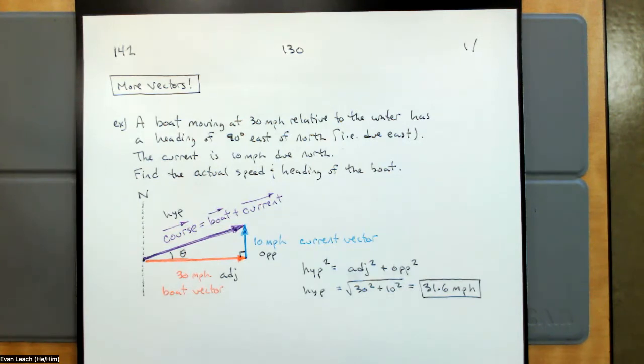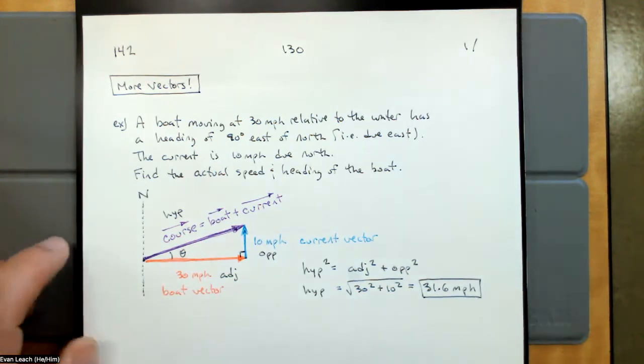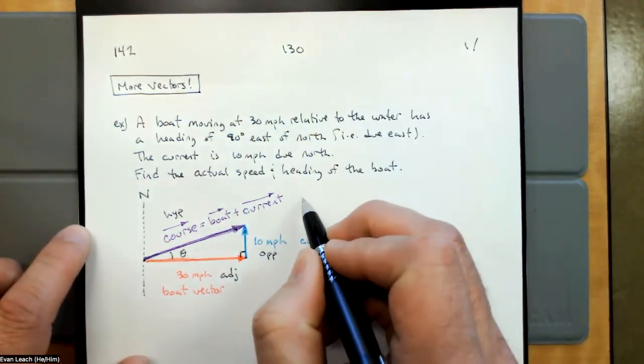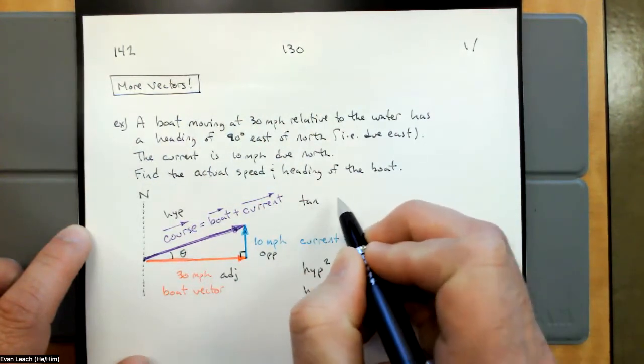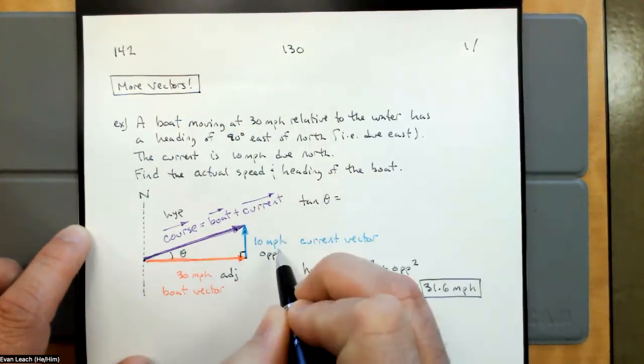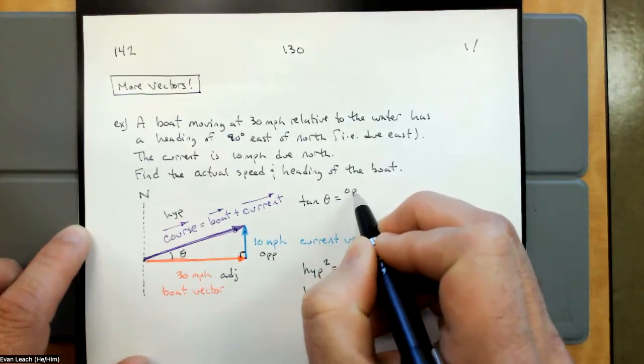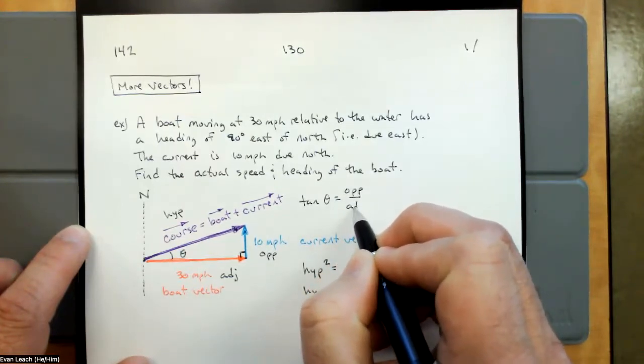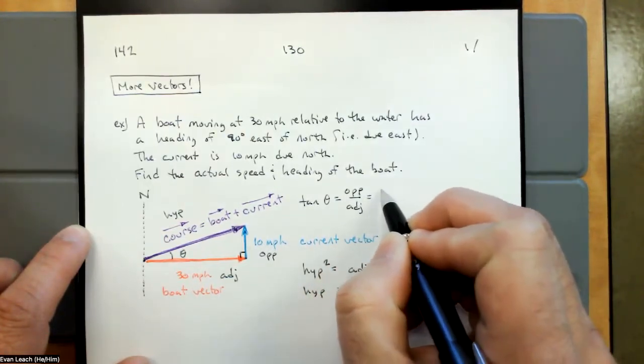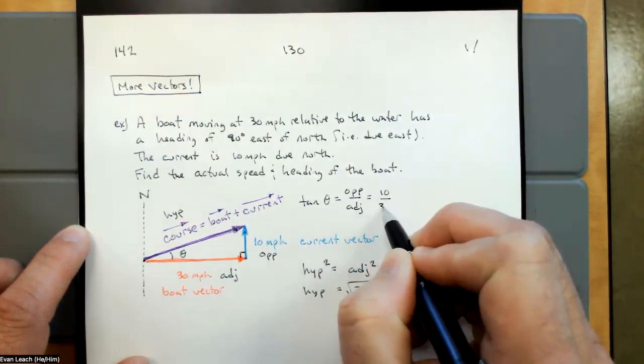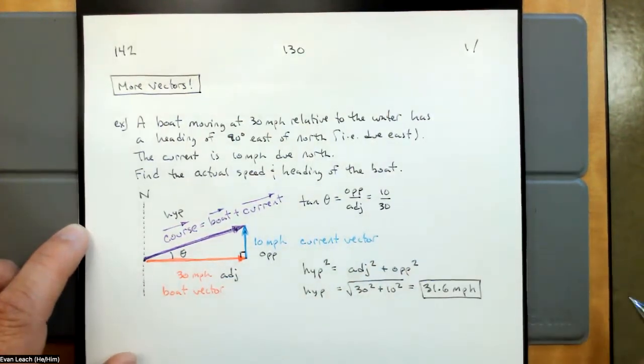We also want to figure out what theta is. So theta has an opposite of 10 and adjacent of 30. So we'll use tangent. So tangent of theta is opposite over adjacent. So the tangent of theta is 10 over 30.